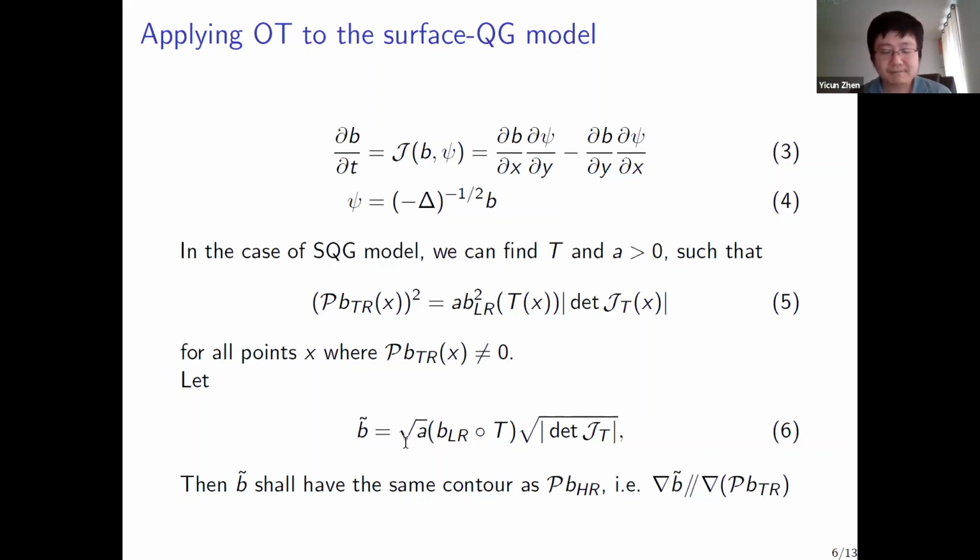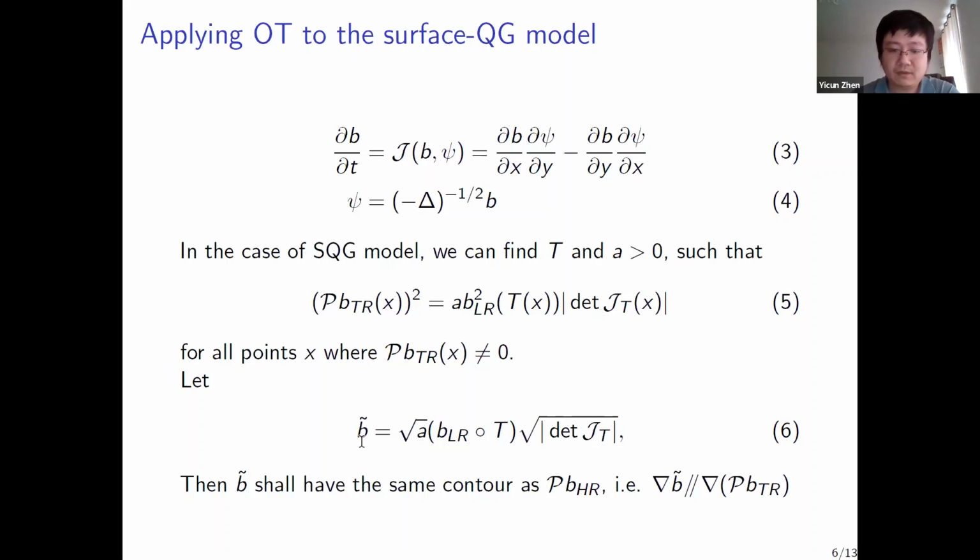This is nice because our goal of fixing the low resolution state is to change it so that it has the same contour as the high resolution state, or true state. But again, what I'm representing here is that there exists such a transport T such that B theta has the same contour as the high resolution state, but we do not know what T is.